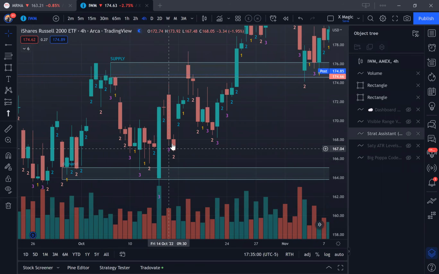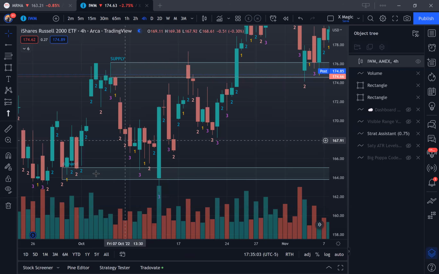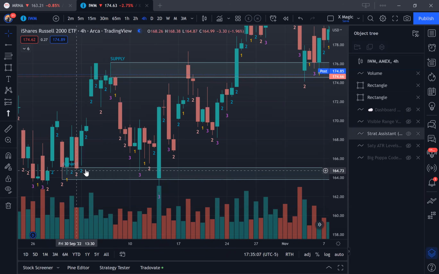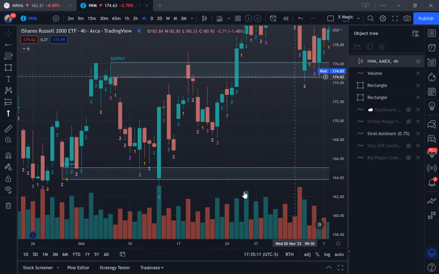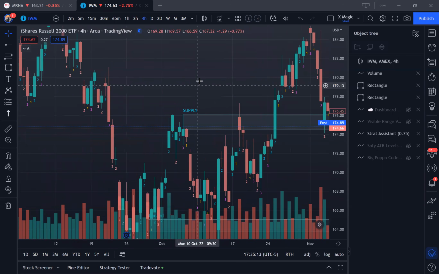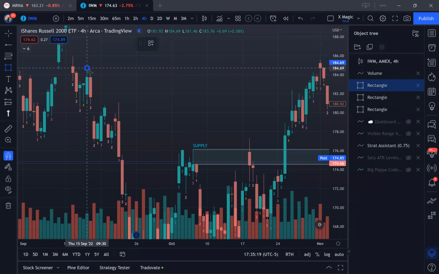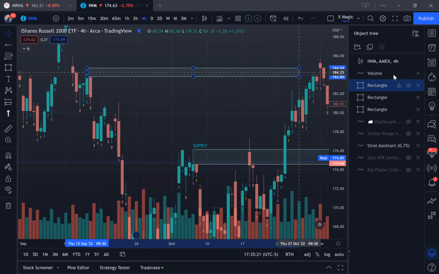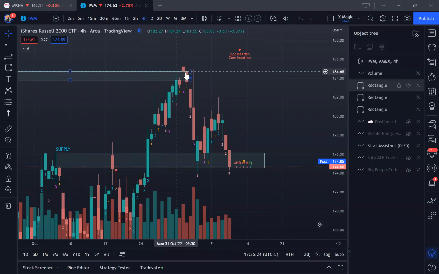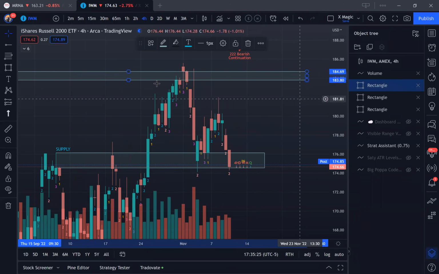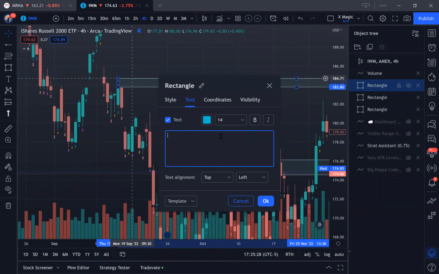From my remembrance of it, you're looking to buy in the demand zones and of course sell in the supply zones, and you just trade the areas. And of course you can always draw some more in different zones. So I will probably draw one here as well. Let's bring that over for later. This will be supply.